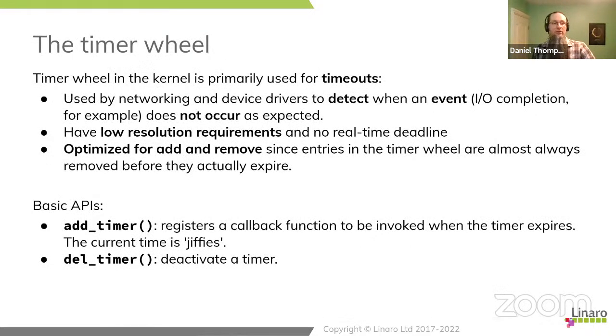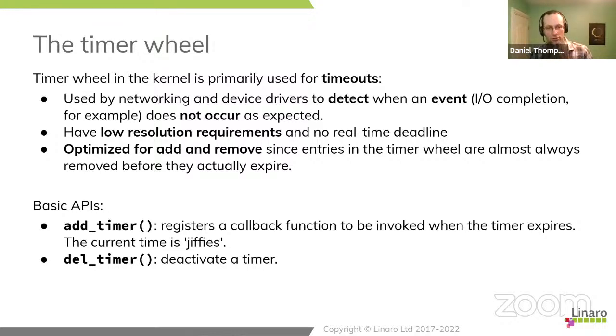And that now gets us thinking about the nature of timeouts, because there are two ways we can program wake-ups at some point in the future into the kernel. The first is called the timer wheel, and it is primarily used for timeouts. This doesn't mean waking up at some point in the future to perform a task. It's usually a guard to check against something that does not occur.